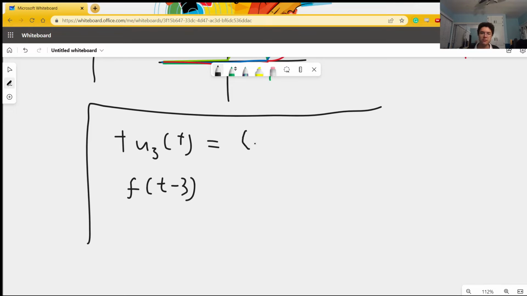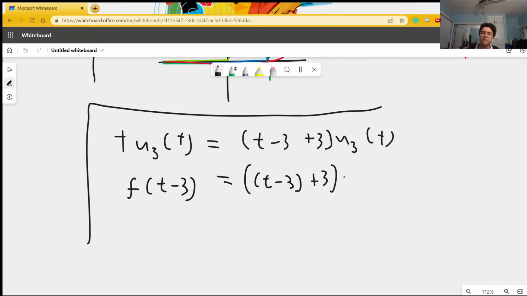Here's what we'll do. We will write t minus 3 plus 3, u3 of t. And we'll rewrite this in yet another way. We will put parentheses: t minus 3 plus 3, u3 of t. Let me erase this real quick. Observe that this is a function of t minus 3 plus 3. What do I mean by that?